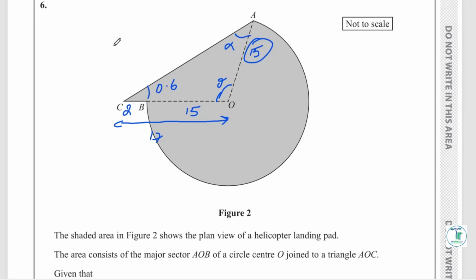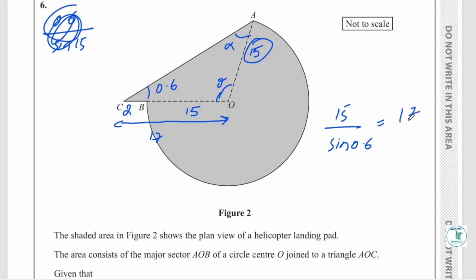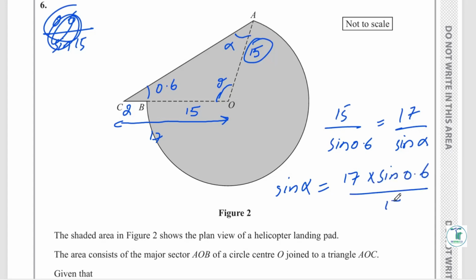So what you're going to do now is apply the sine rule. The side 15 divided by sine 0.6 is equal to this side, 17, divided by sine alpha. And you can easily get alpha from here: sine alpha is equal to 17 times sine 0.6 divided by 15.